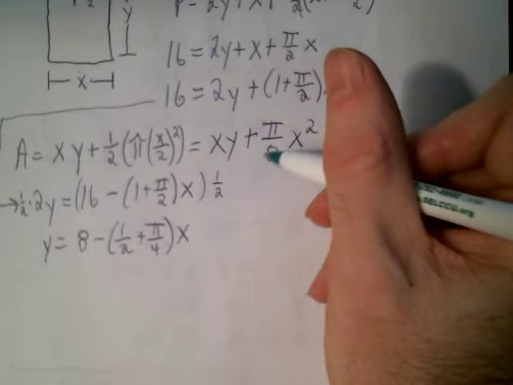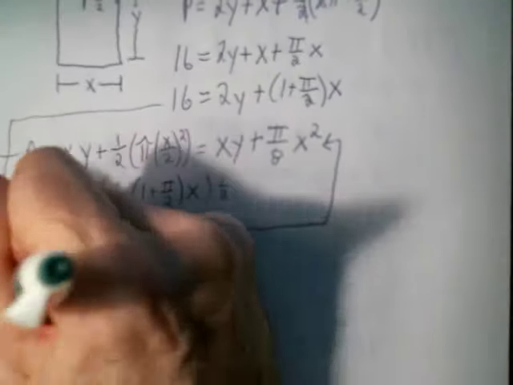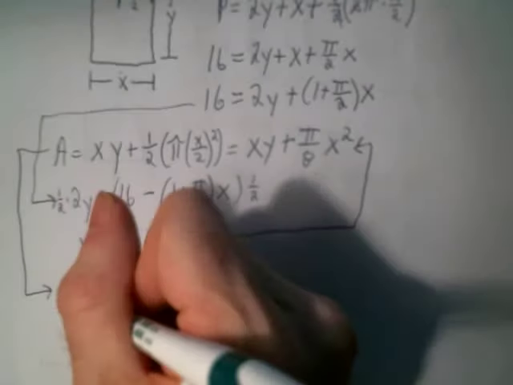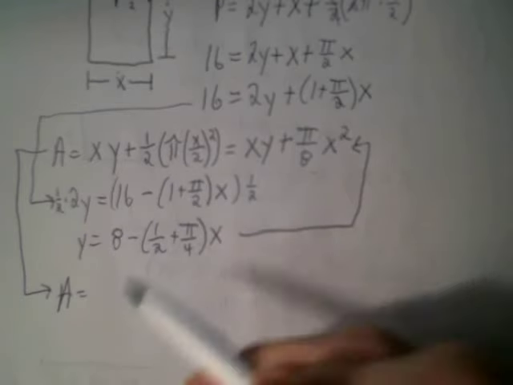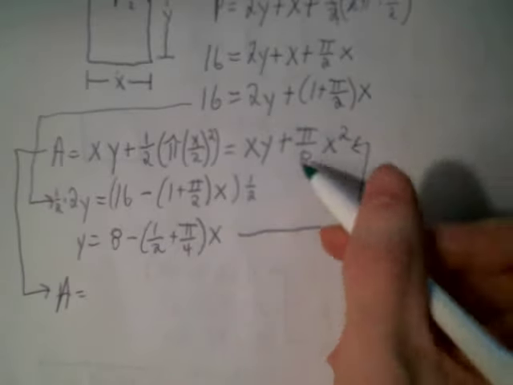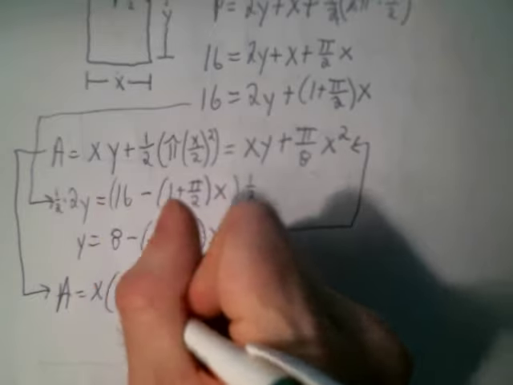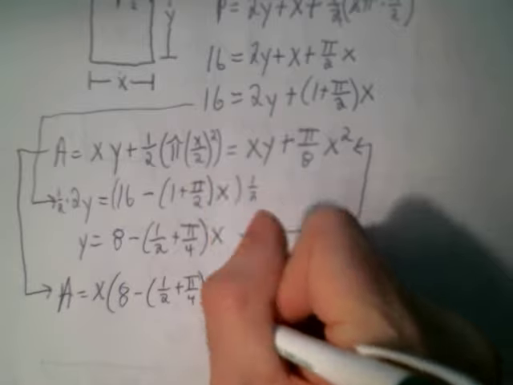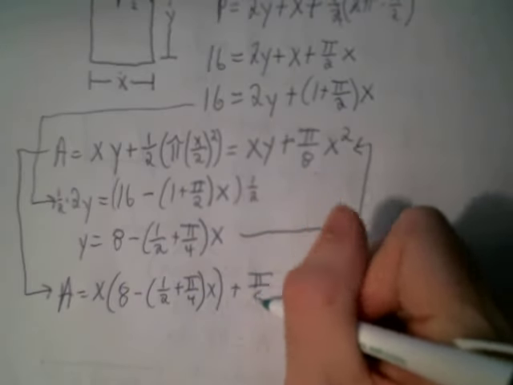So now I can plug that into my area formula. And then I'll be able to take the derivative of that thing. So you use the constraint formula to reduce the number of variables, then you take the derivative of the optimization formula. Okay, so I have x times this thing, x times y, plus pi over 8 x squared.